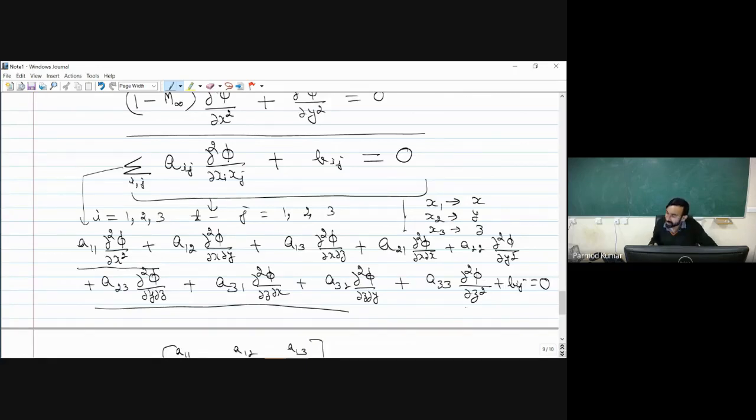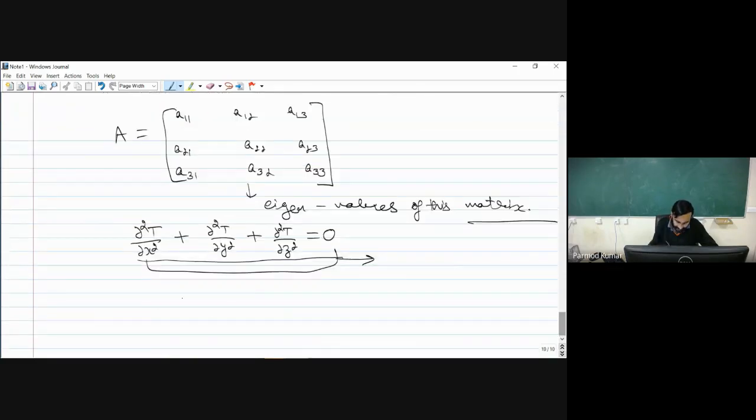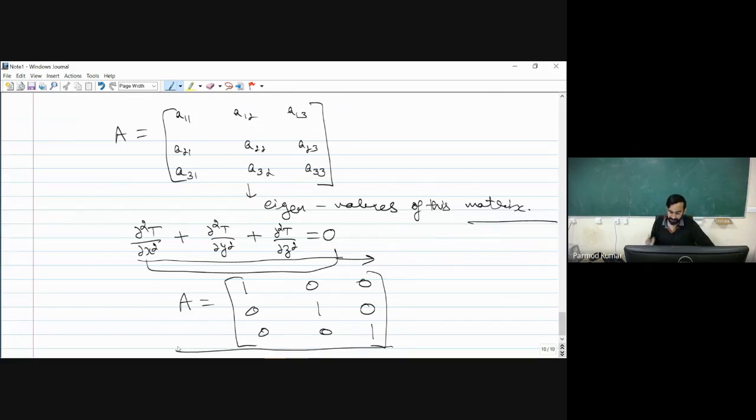If I replace phi with T, I will get my A matrix as 1 0 0, 0 1 0, 0 0 1. If I calculate the eigenvalues of this matrix, then based on the nature of the eigenvalues, as I explained in the previous lecture, we can comment whether our equation is hyperbolic, parabolic, or elliptic. This one example I have included just to show how we can determine a characteristic matrix.